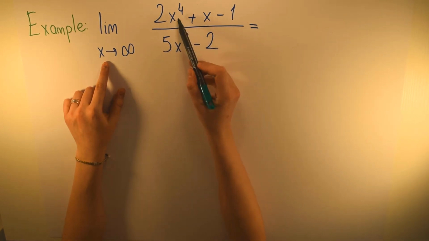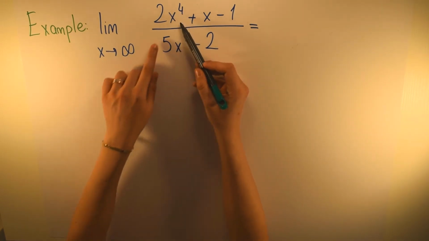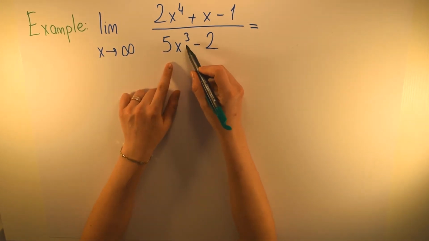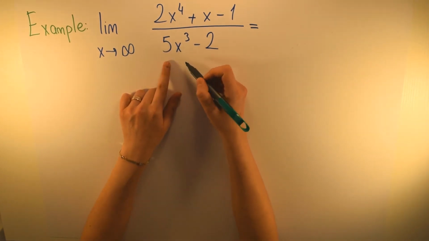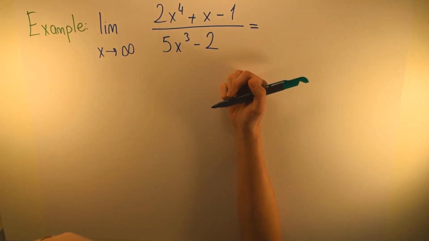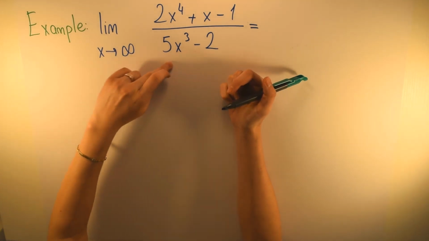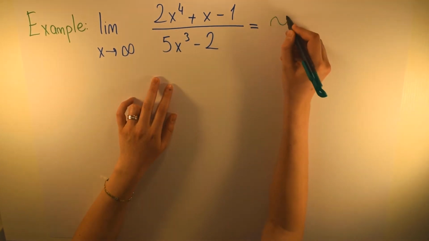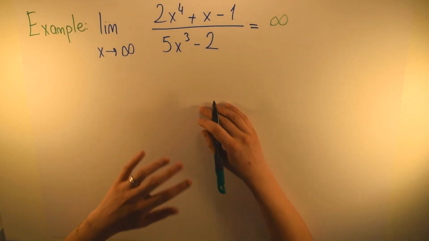Here we have x to the power of 4 in the numerator and x to the power of 3 in the denominator, so the numerator is getting bigger faster, which makes this limit equal to infinity. Okay, so let's prove it.